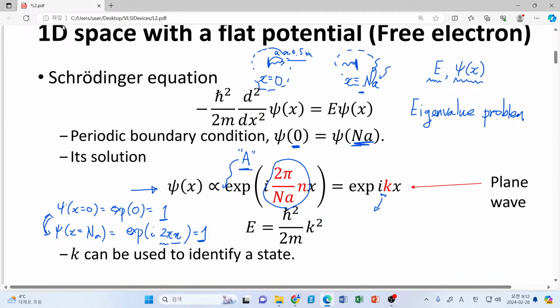So if A has a certain complex phase, then we can understand this is no longer 1, but it can be regarded as A and A. And anyway, this periodic boundary condition is satisfied by this functional form exponential ikx, and you know that k is not any number, but it should be given by this way.